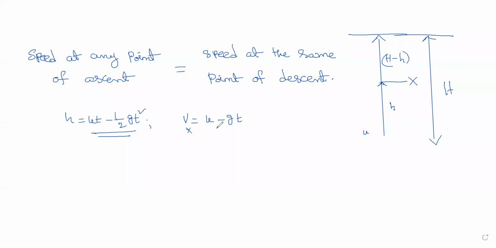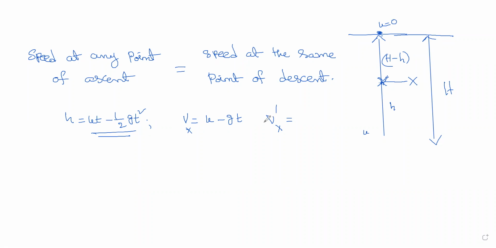So let us say Vx. And now when it goes to the top, and then it will fall down from the top and then it will reach at this point. This velocity will be the same as this velocity. That's what we have to prove. So from this point it will fall, and I should say v dash x is same as Vx. Now v dash x is the initial velocity. During the fall, initial velocity is 0. So when it is coming down, the initial velocity is 0.